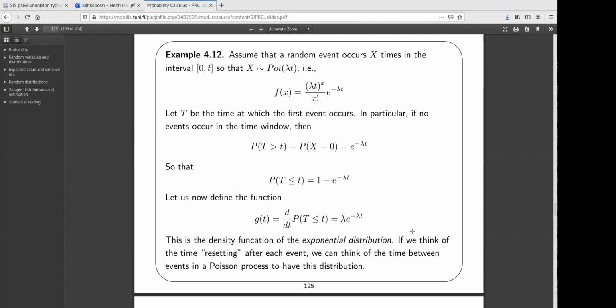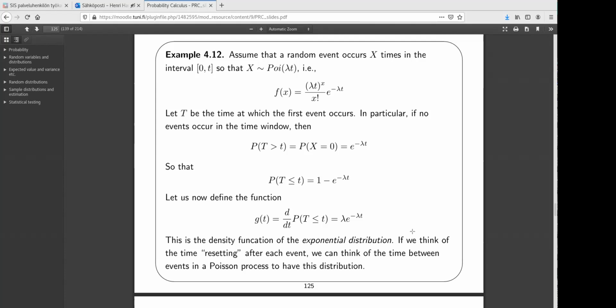And if we define the function g as the derivative of this function, we get lambda times e to the minus lambda t. So this is a density function of a so-called exponential distribution. And what does it mean? It gives the distribution of the time between two different events.